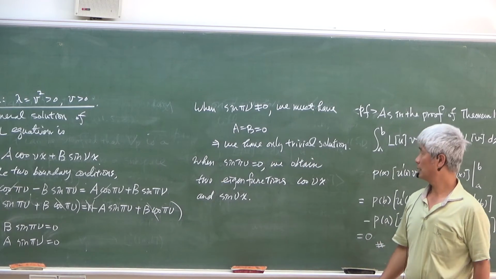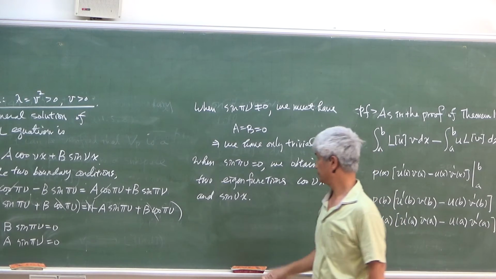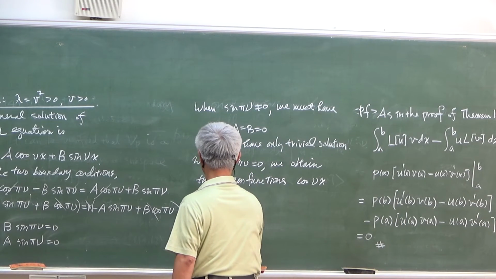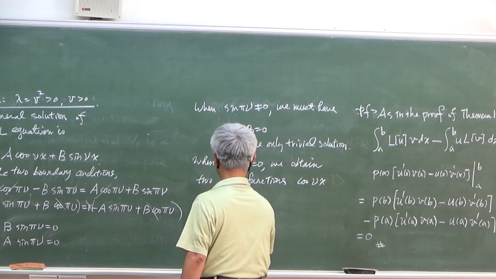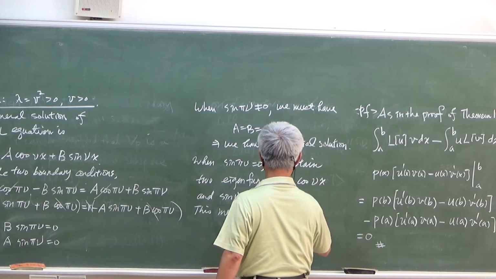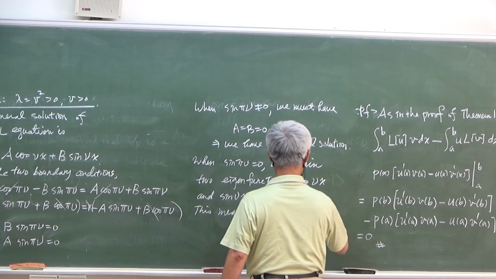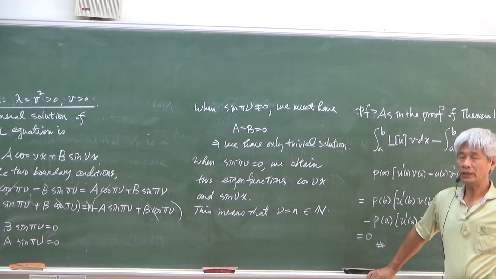Now, when do we have sine πμ equal to 0? This means that μ must be equal to n, a positive integer.